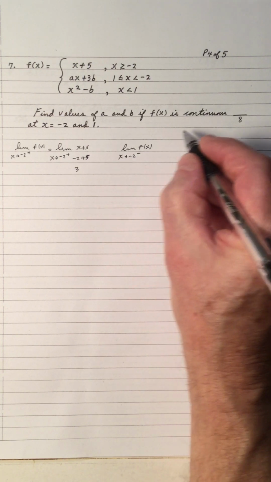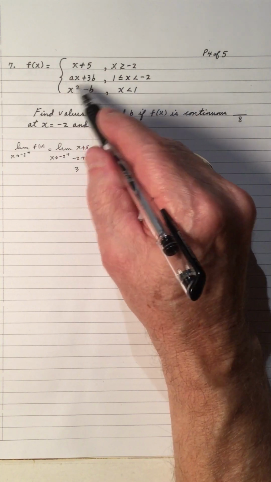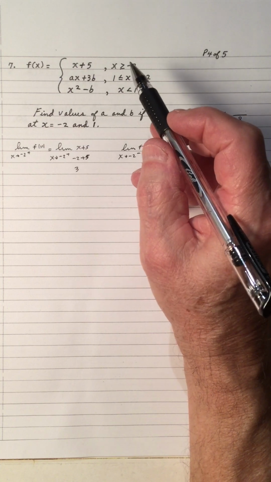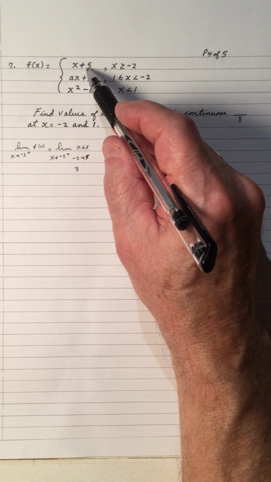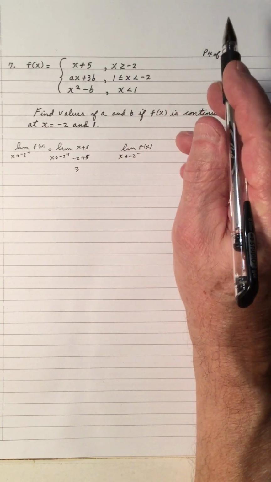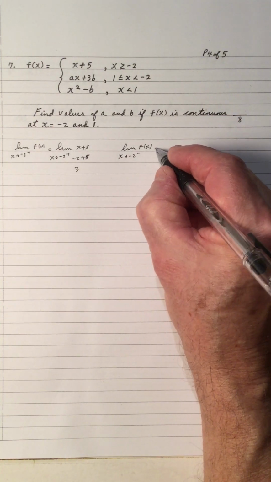We got a and b here, so we have to find the limit as it approaches negative 2. These two are going to be equal. As it approaches 1, these two are going to be equal. So that's 2 different sets.